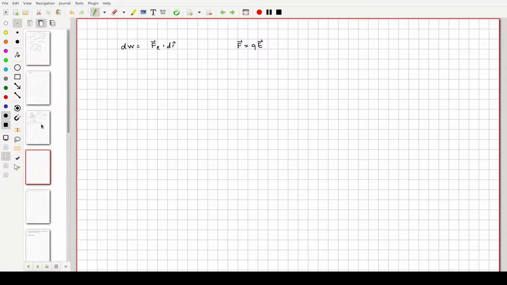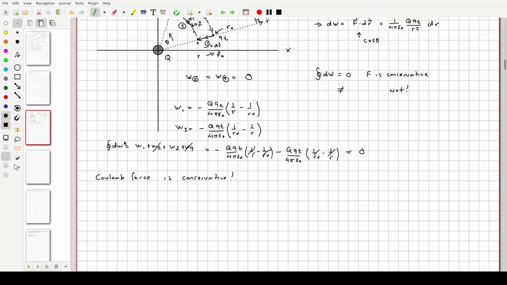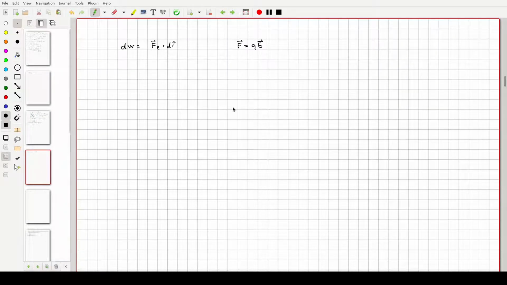And so what that means is that if you look over here where we proved that the electric force is a conservative force, that also means that the electric field is a conservative field. Okay? So the electric field is conservative.